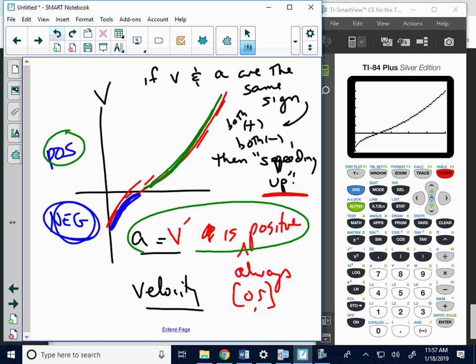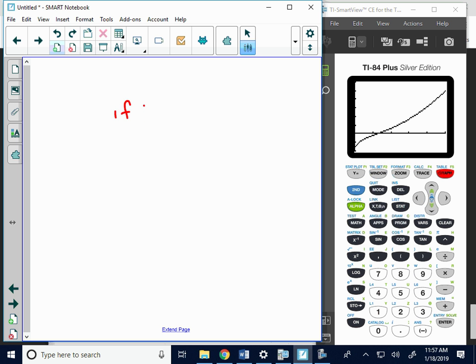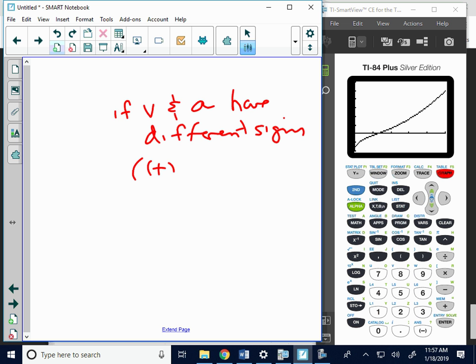Yeah, so if velocity and acceleration have different signs, that is either a positive and a negative, or a negative and a positive, then slowing down.